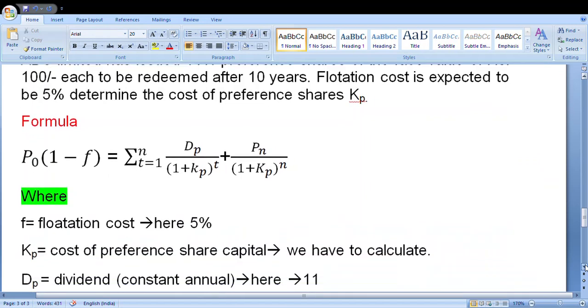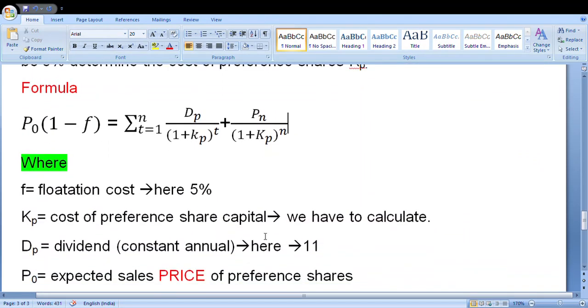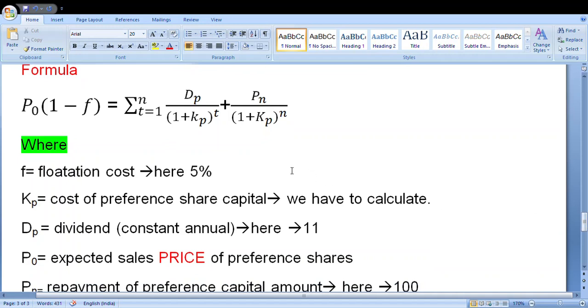I've included the explanation for all the variables in this formula. What is F, what is KP, what is DP, what is P0. Here F is 5%, KP we have to calculate, and dividend is rupees 11. P0 is the expected sales price, that is 100 here.